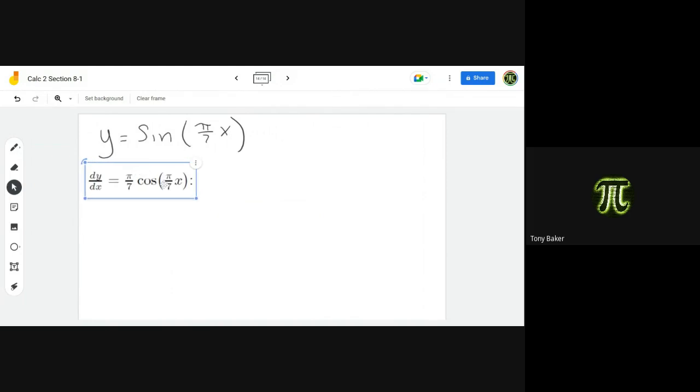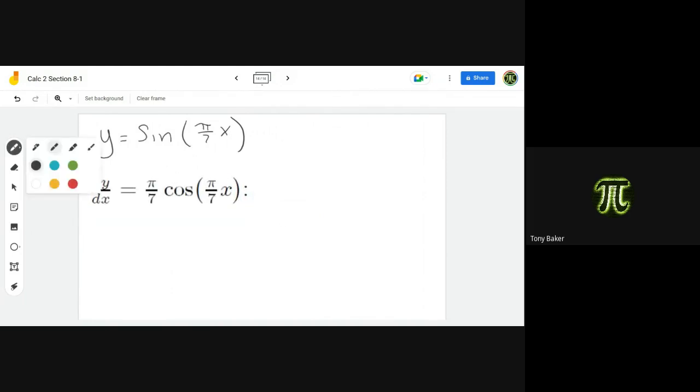So your derivative of that is that. Chain rule. Don't forget the chain rule. You need to use chain rule for this one, because there's a pi over 7 x inside.